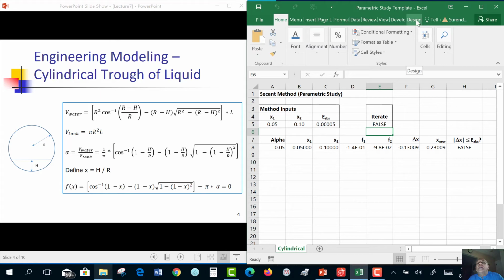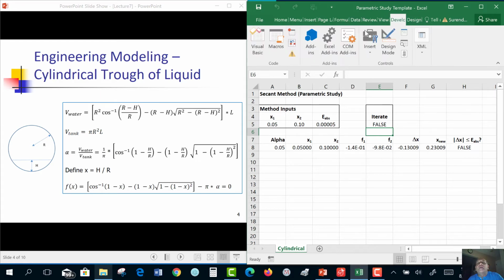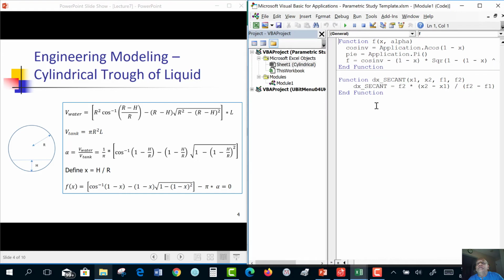But before we go on to the template, let's look at our Visual Basic macro. So in our Visual Basic macro, what I have here is a function f of x and alpha. So notice there are two inputs. Just to keep things simple, I need to compute this cosine inverse of 1 minus x, so I'm going to compute it first.